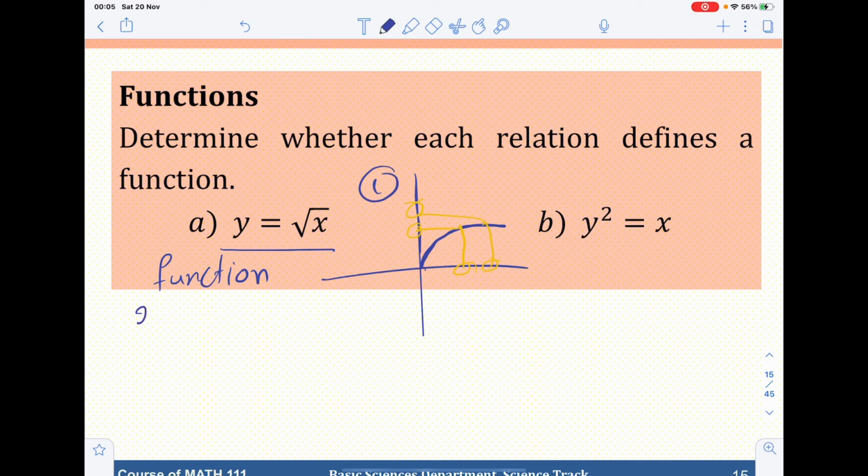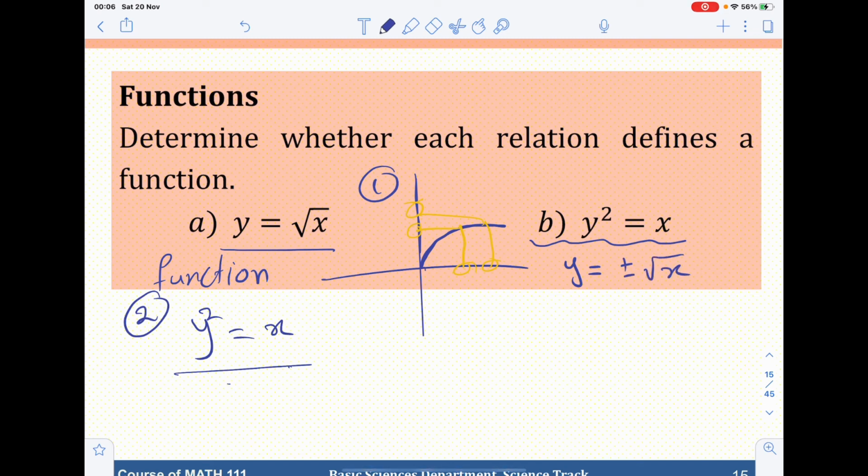When we draw it, we can also solve for y. We can see that y squared equals x, by squaring both sides. And also here for b, we have y equals plus and minus root x.